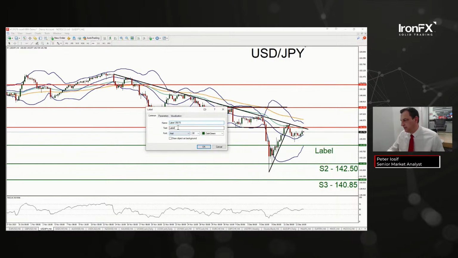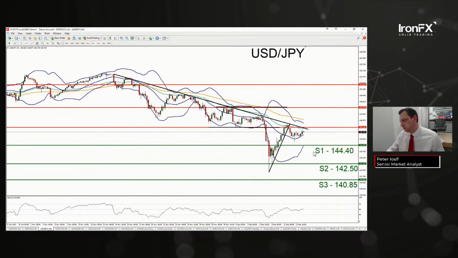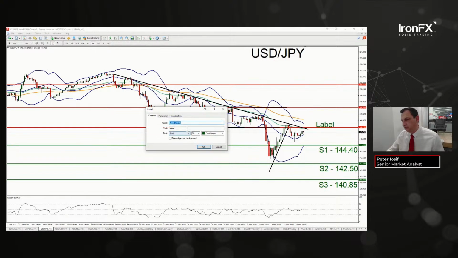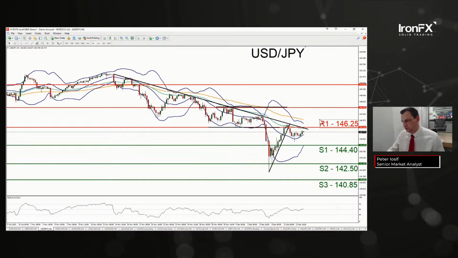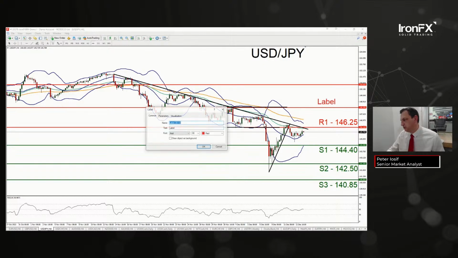The S1 being placed at 144.40. The R1 at 146.25. The R2 at 148.30.